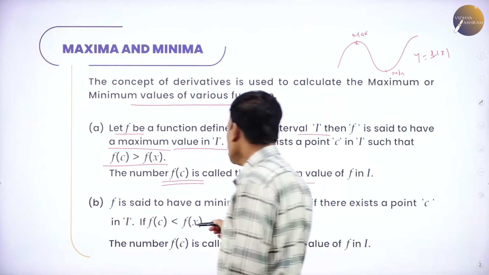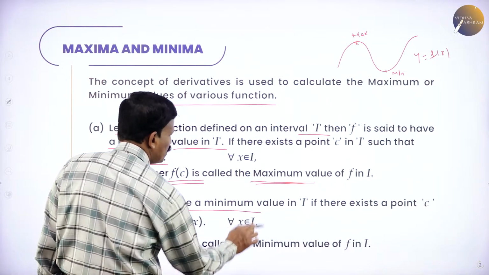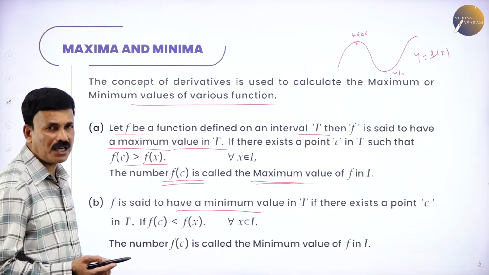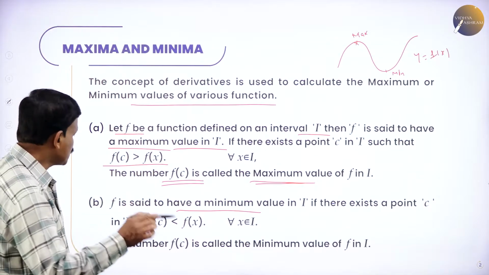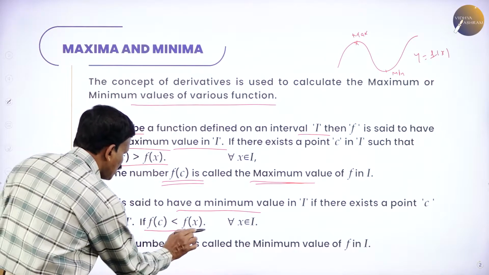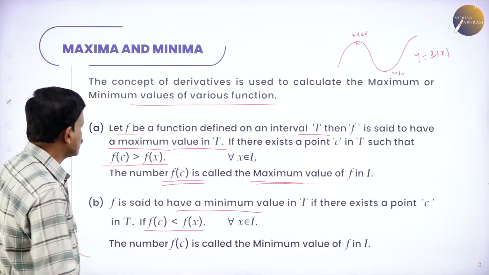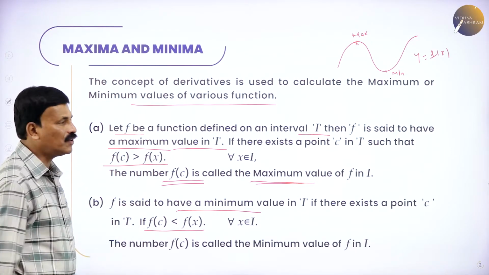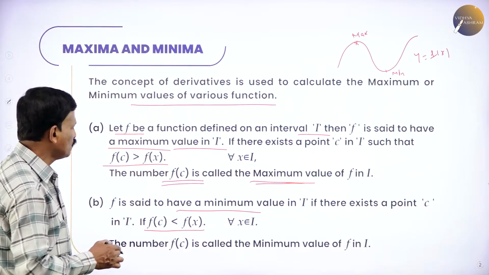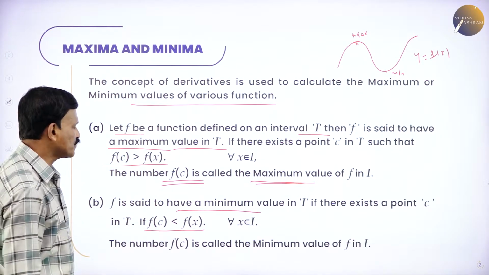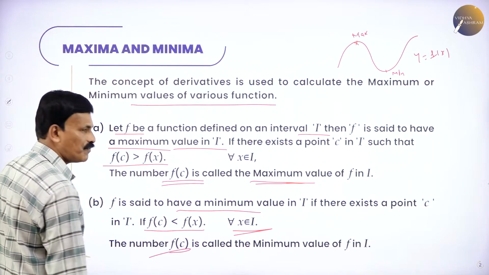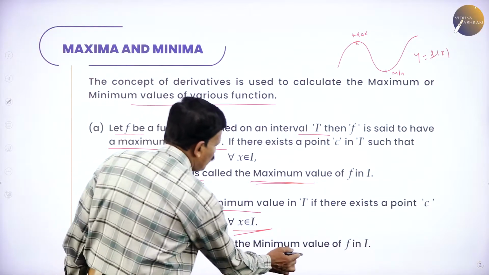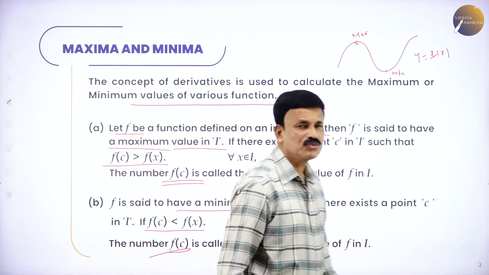Similarly, a function f is said to have a minimum value in the same interval I if there exists a point c in I such that f of c is less than f of x for all x belonging to I, then the number f of c is called the minimum value of the function.